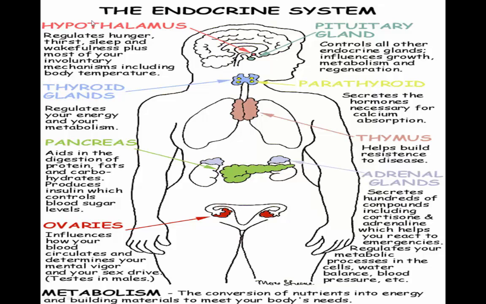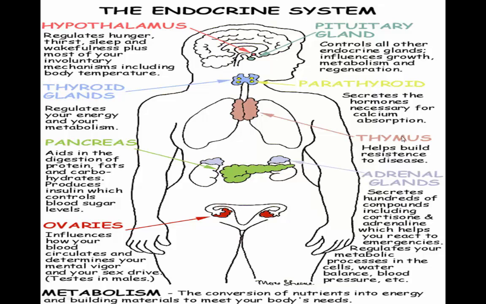So basically, the hypothalamus will release the releasing hormone for the pituitary to release the stimulating hormone and then target every single organ. If it's the thyroid, for regulation of energy and metabolism; if it's the parathyroid, for calcium metabolism; if it's the pancreas, for insulin and glucagon metabolism as well as proteins, fats, and carbohydrates.